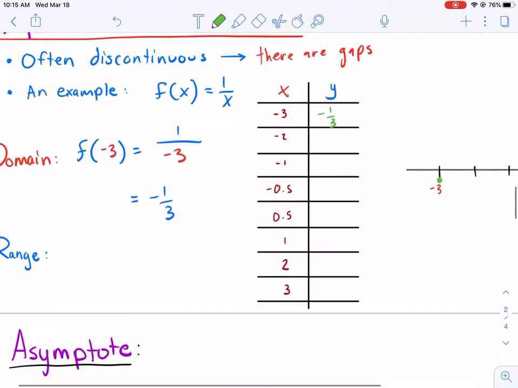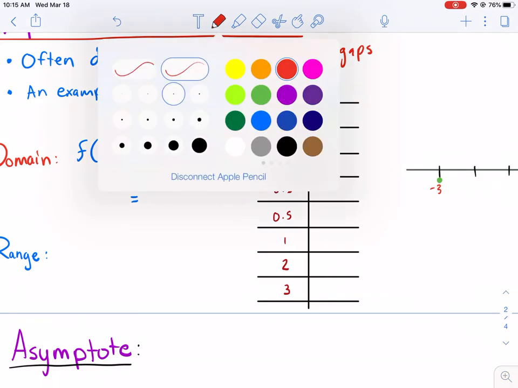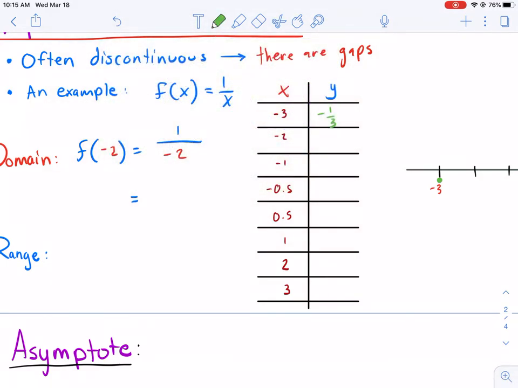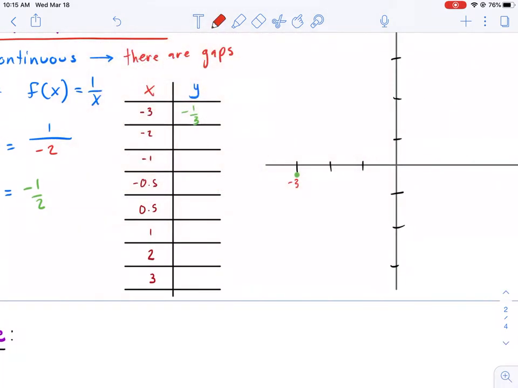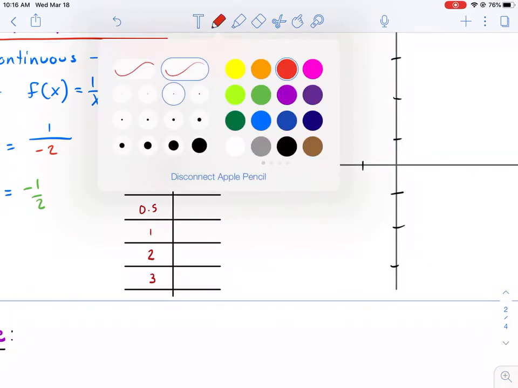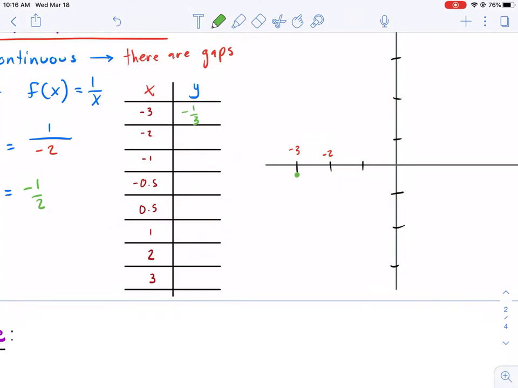Now we're just going to repeat this process. So now I'm going to pick -2 for my input for x. This one is pretty simple because as soon as you put in the x value, you have your result. In this one, it's -1/2. So if I go over to the x value of -2, I go to -1/2 for my y, a little below that.